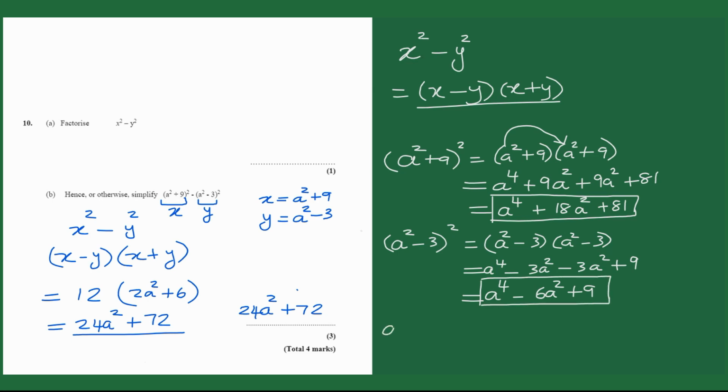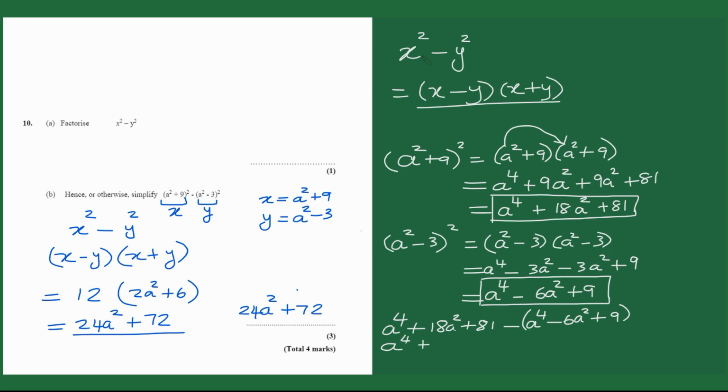So box it up. This one is the first answer and this one is the second answer for the second bracket. So a to the power 4 plus 18a squared plus 81, take away a to the power 4 minus 6a squared plus 9.